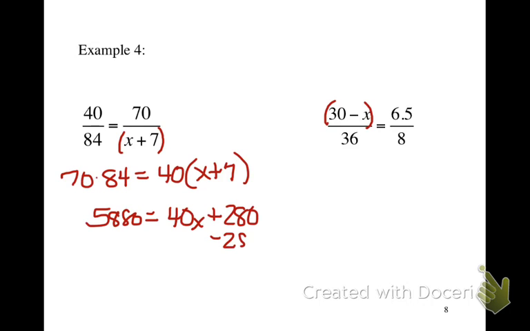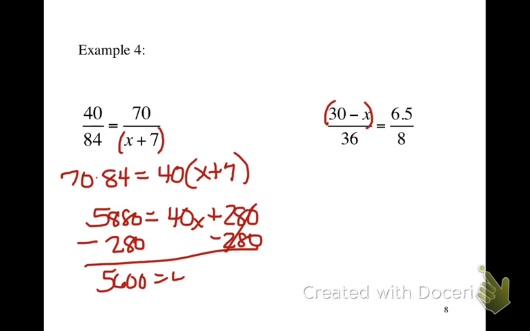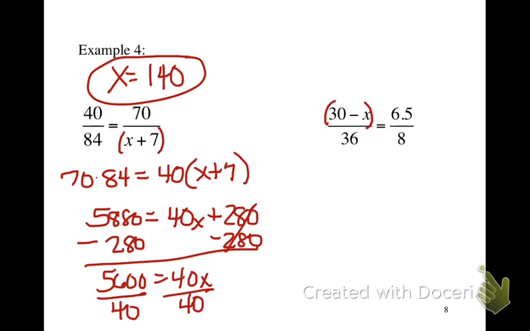So solve, undo the addition subtraction first. Divide by 40 as your last step, and you get x is equal to 140 for this first one.